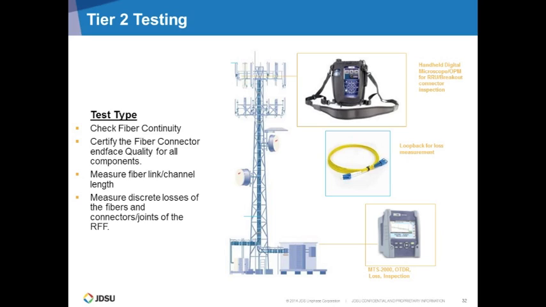But with Tier 2 testing, you can pinpoint the weakest link, and maybe with degradation over time, that 2.5 dB connector will cause trouble down the line. So that's why some of the service providers require the OTDR test as well. OTDR is used for troubleshooting because it can easily point out where the problem is, versus Tier 1 testing with the power meter and light source, which is just insertion loss.